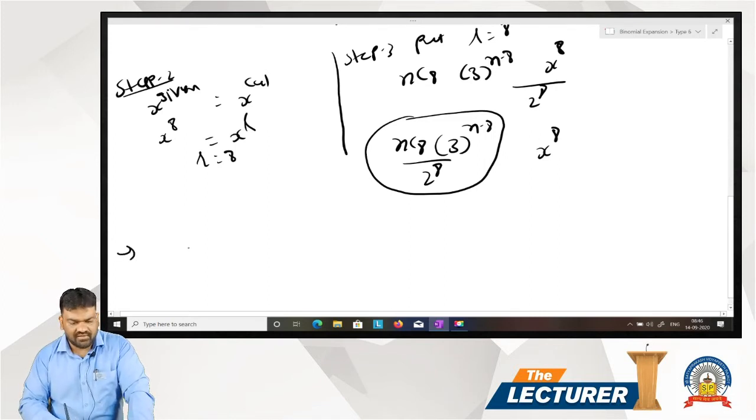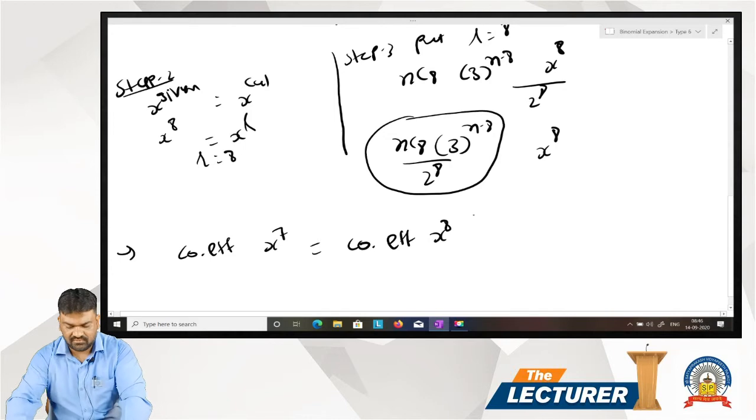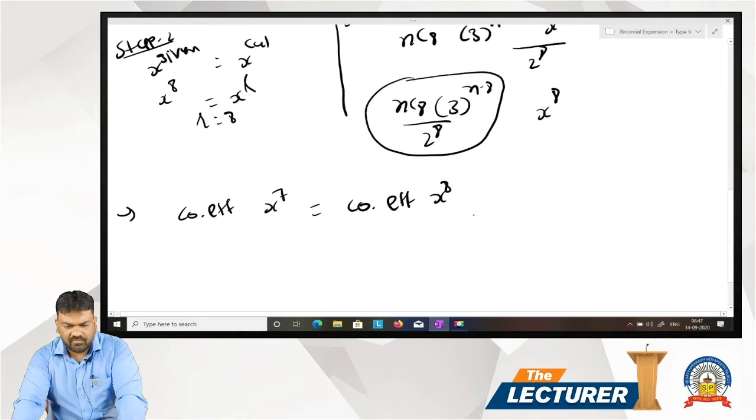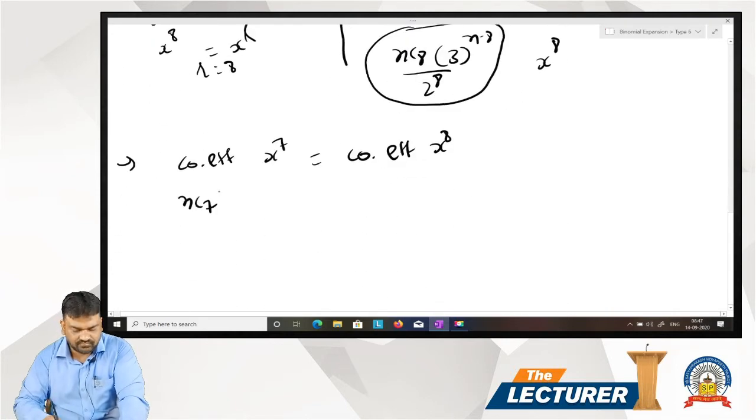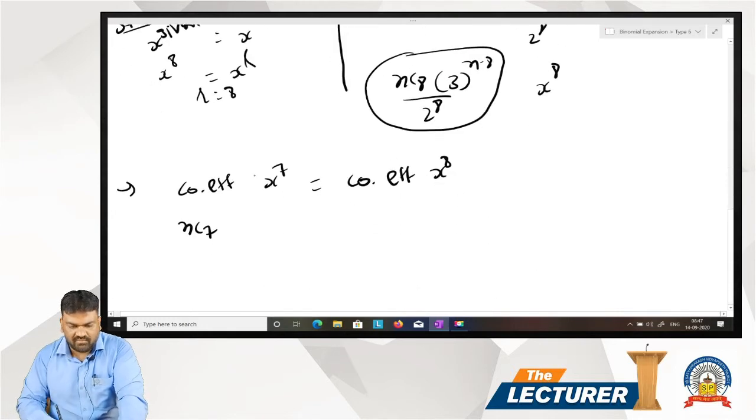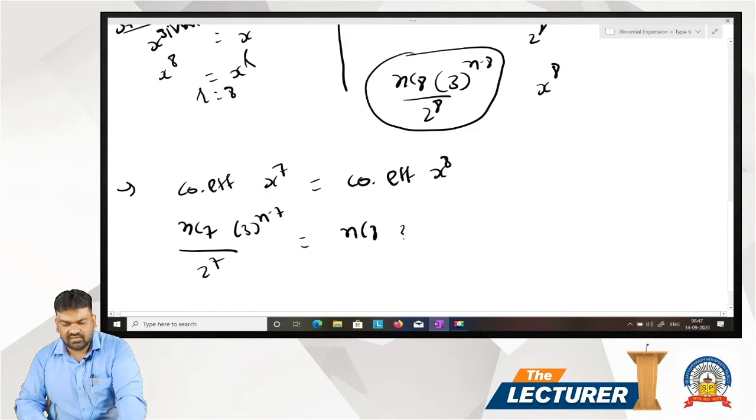Now it is given that the coefficient of x raised to 7 is equal to the coefficient of x raised to 8. The coefficient of x raised to 7 is nC7, 3 raised to n minus 7, divided by 2 raised to 7, is equal to the coefficient of x raised to 8, nC8, 3 raised to n minus 8, divided by 2 raised to 8.